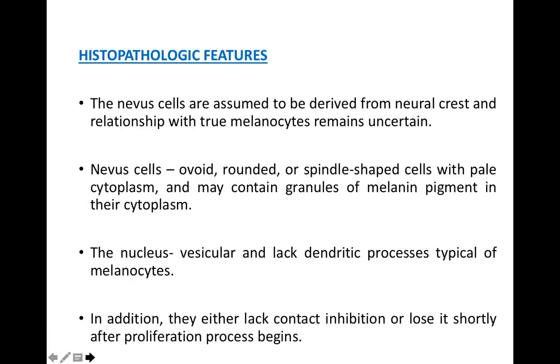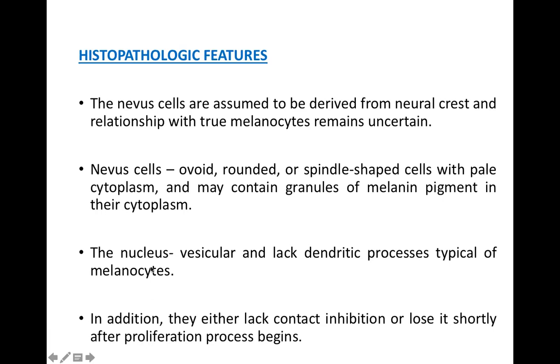So, histopathologic features. The nevus cells are assumed to be derived from neural crest, and their relationship with true melanocytes remains uncertain. Nevus cells are ovoid, round, spindle-shaped cells with pale cytoplasm, and may contain granules of melanin pigment in their cytoplasm. The nucleus is vesicular, and they lack the dendritic processes typical of melanocytes.